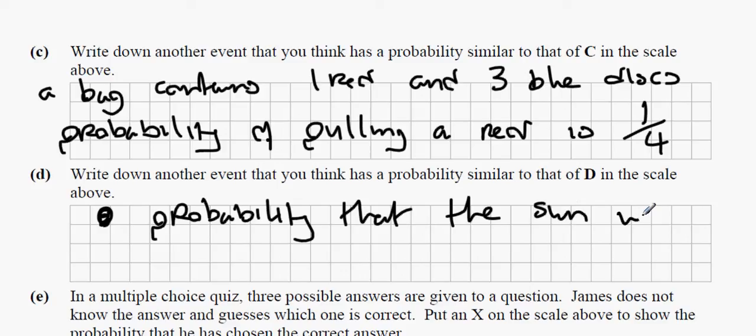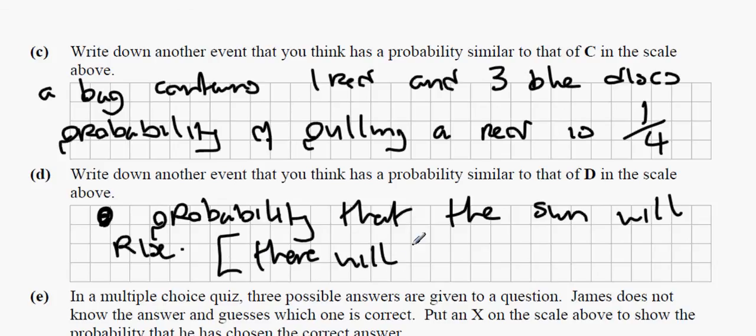Probability that the sun will rise, or maybe there will be cars on the road, is another one. Very dead certain at this point in time.